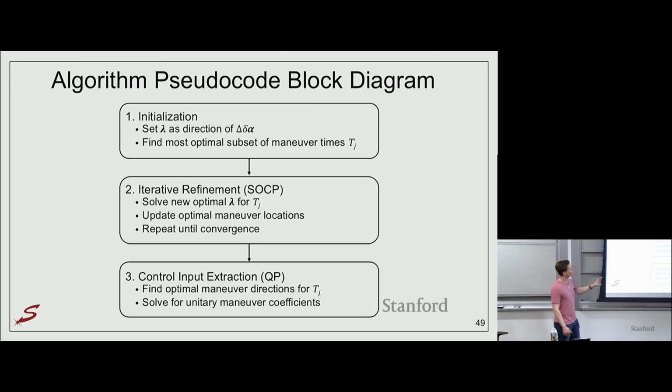You're then going to iteratively refine both the choice of lambda and the subset of optimal maneuver times, starting by finding a new optimal lambda for the set of times t, and then using that lambda to find a new optimal set of maneuver times, going back and forth and repeating this until you converge. You can then use a quadratic program to extract the optimal maneuver magnitudes at these times and directions.